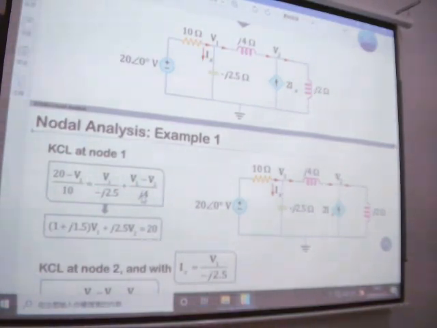So sine 0 is equal to 0, so this part is eliminated, and cosine 0 is 1. So we know the angle 0 means 1. Remember, the next time we see the angle 0, we can just ignore it because it's equal to 1. Clear?